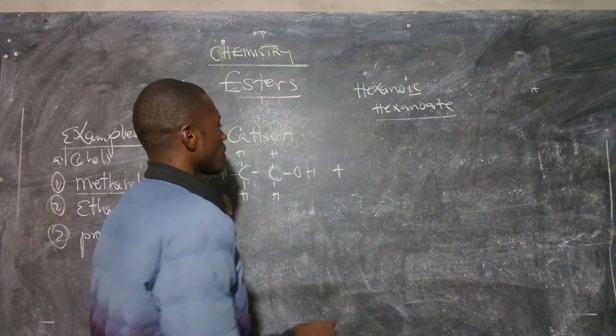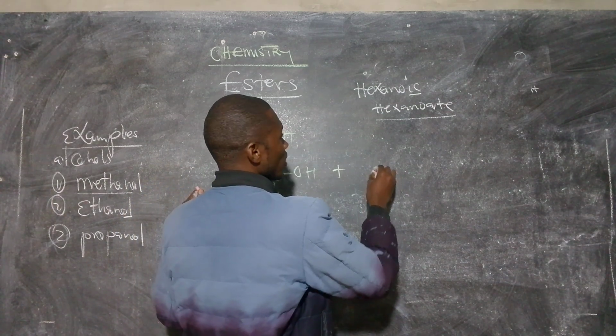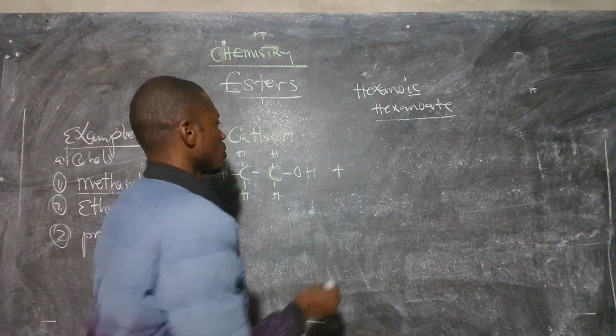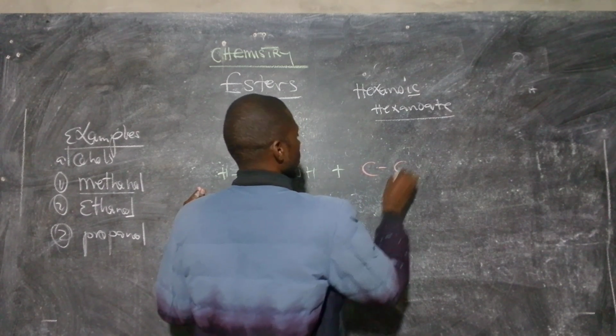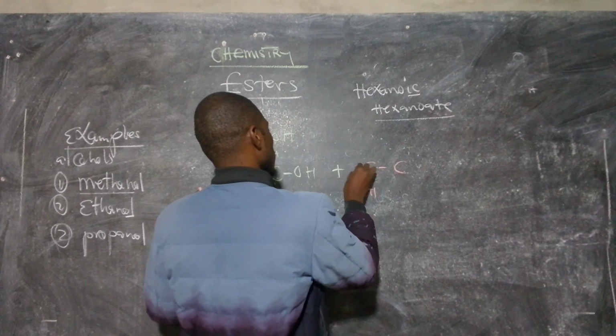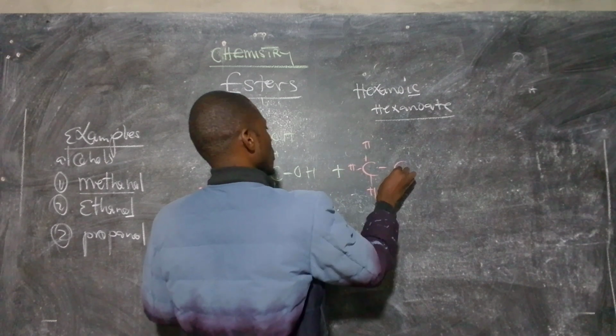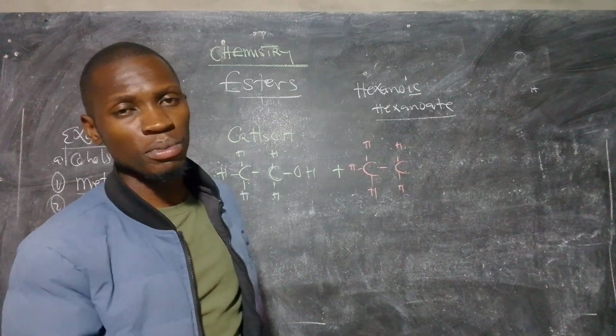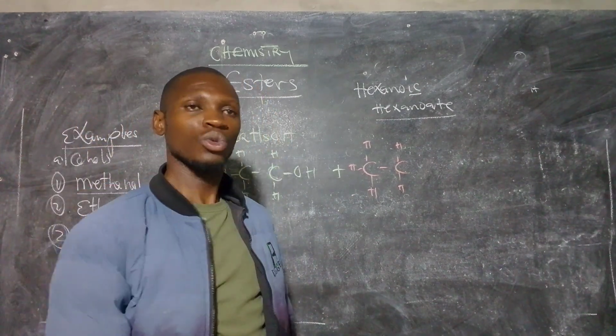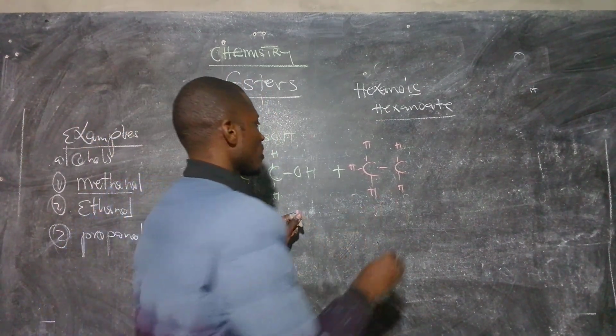let me get propanoic acid. So propanoic is number 3. So we'll say one carbon, another carbon. So 3 times 2, it will be 6, plus 1, it will be 7, minus 2, it will be 5.